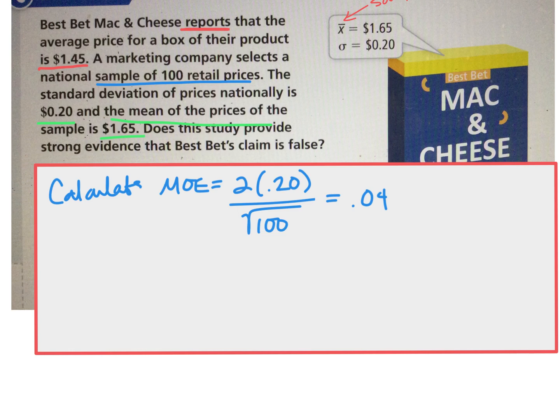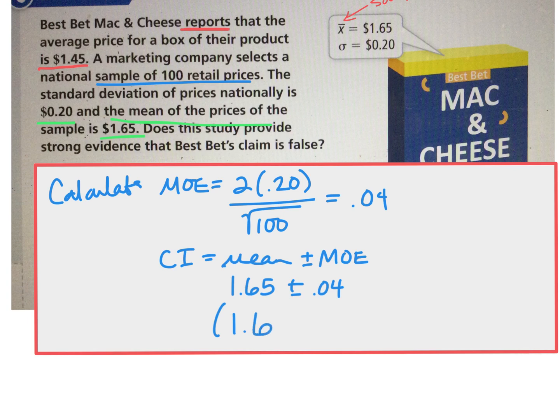And then we're going to find our confidence interval, and we're going to get that by taking the mean plus or minus the margin of error. In this instance, we're testing the claim, so we need to use the sample mean that we've been given and the margin of error from that sample, which is going to give me a confidence interval of 1.61 to 1.69.